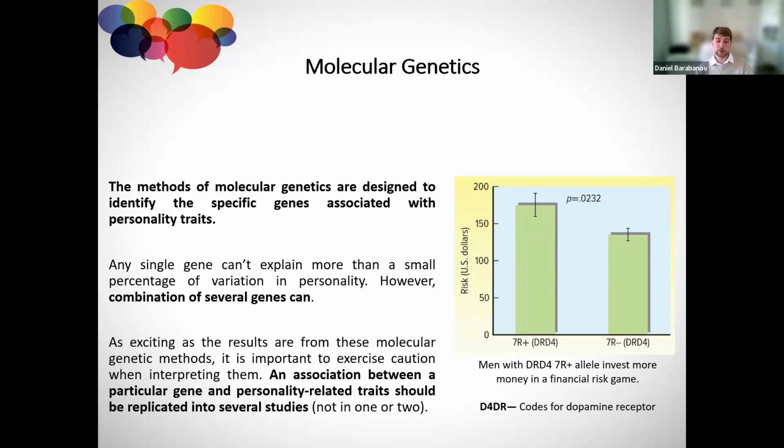It's a fascinating result. So molecular genetics will be developing very fast in upcoming years. So again, as I said multiple times during this lecture, please be attentive to this field. We will receive a lot of very interesting, fascinating, and surprising results about personality and genetic factors in upcoming years.